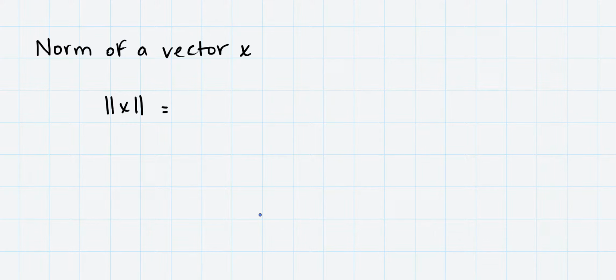What is the norm of a vector? If you see this notation, x with two straight lines on both sides, what you're going to do is take the square root of x transpose times x.